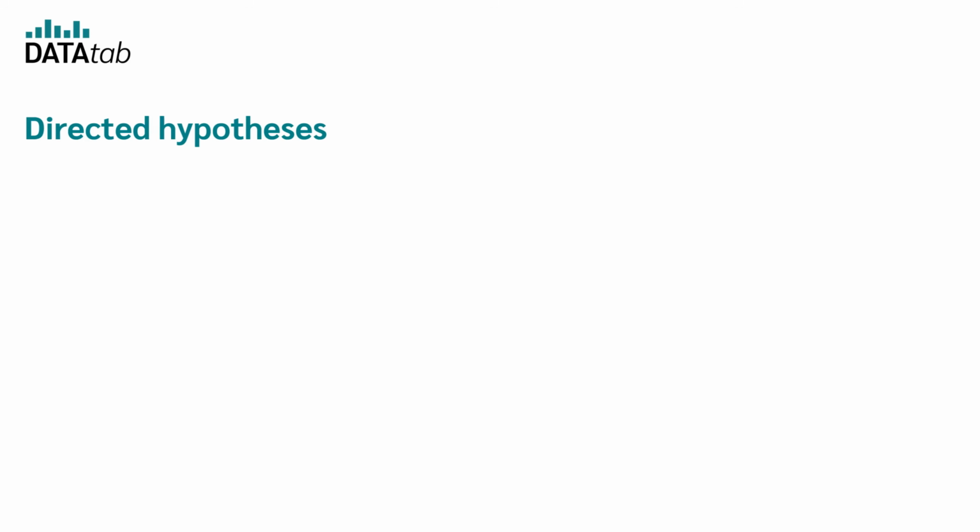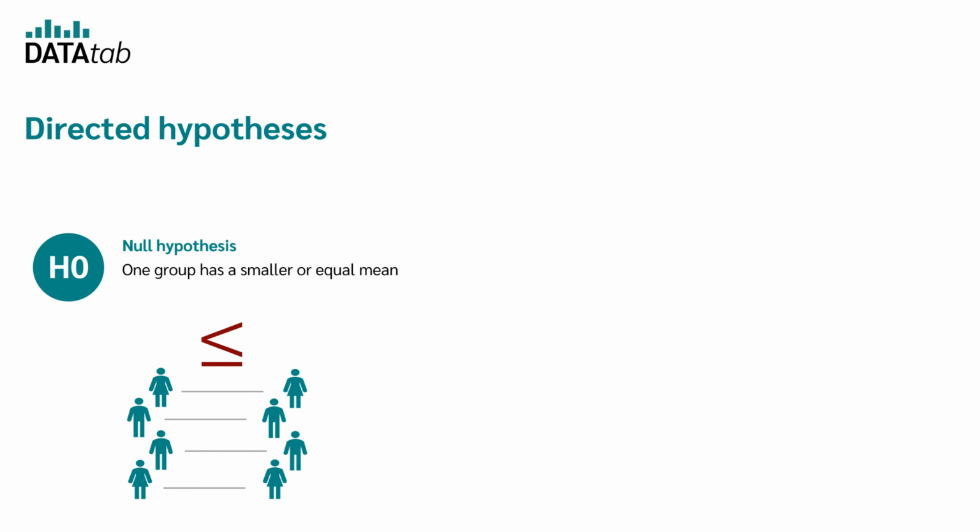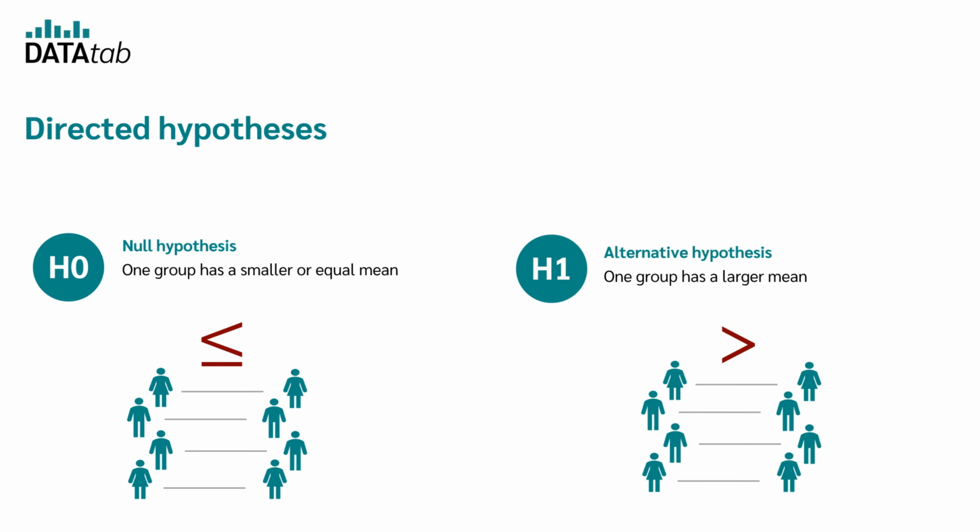Of course, it's also possible to formulate directed or one-sided hypotheses. Then the null hypothesis would be one sample has a significantly smaller or equal mean value. And the alternative hypothesis would be one sample has a significantly larger mean value. Of course, the smaller and larger can also be reversed depending on your research question.